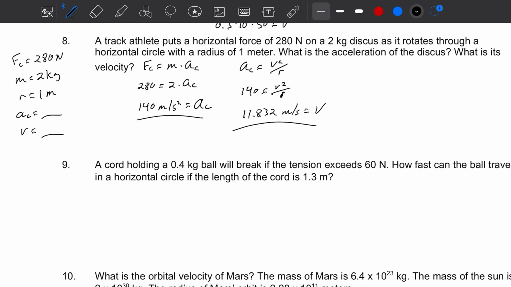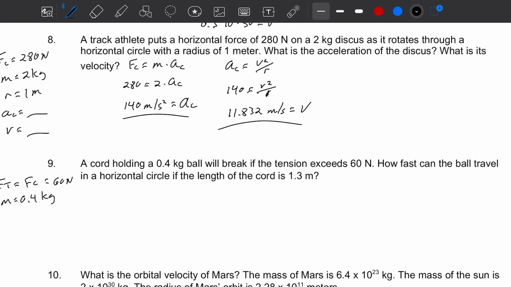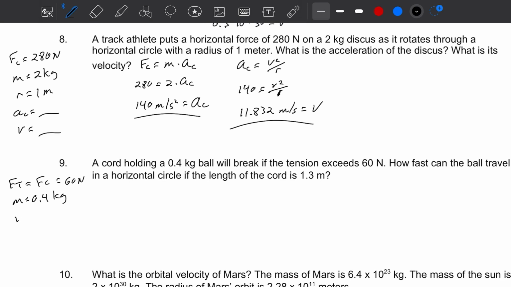A cord holding a 0.4 kilogram ball, so our force of tension is our centripetal force. The mass is 0.4 kilograms. If the tension exceeds 60, it's going to break, so we're going to use maximum tension and make it 60 newtons. How fast? We're looking for velocity. If the radius is 1.3 meters.